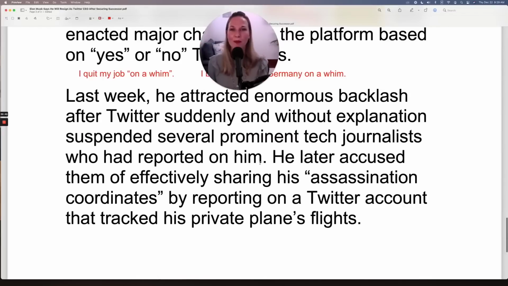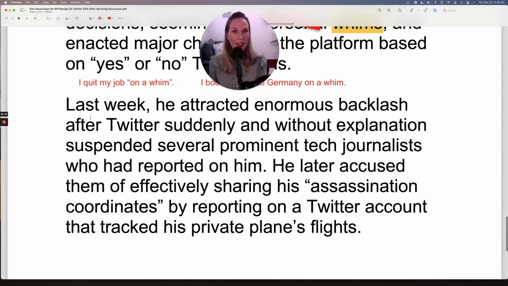Try an example. Okay, finally, last week, he attracted enormous backlash after Twitter suddenly and without explanation suspended several prominent tech journalists who had reported on him. He later accused them of effectively sharing his assassination coordinates by reporting on a Twitter account that tracked his private plane's flights.